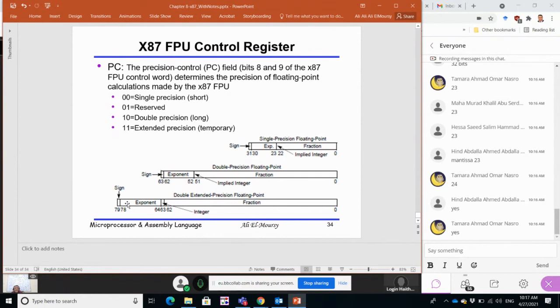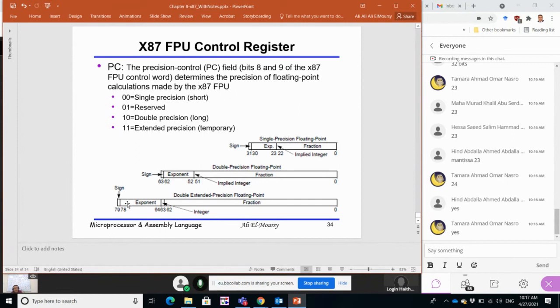This processor X87 can support 3 floating point representations. The two well-known IEEE representations, which are single precision floating point of 32 bits that have 23 bits of fractional mantissa, 8 bits for the exponent, and 1 bit for the sign magnitude of the fractional mantissa.